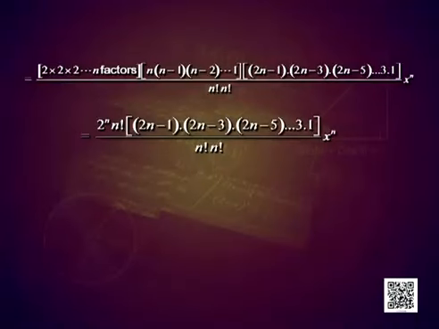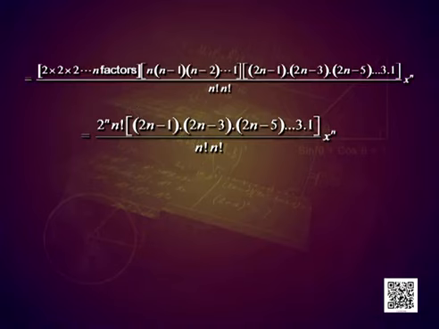So, do you see you are coming very close to the answer that we are aiming at. I end up with 2 to the power n times n factorial into all the odd factors that we had segregated, into x to the power n divided by n factorial into n factorial.